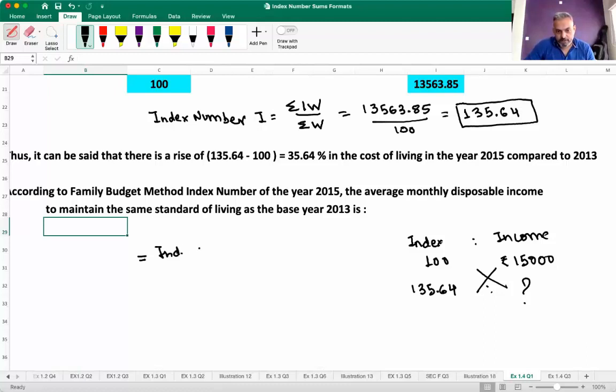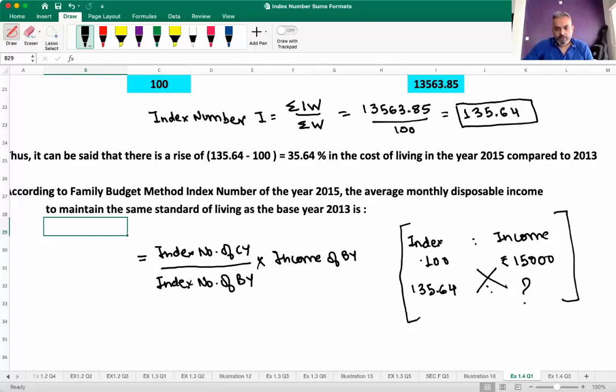So income is equal to index number of current year upon index number of base year into income of base year.